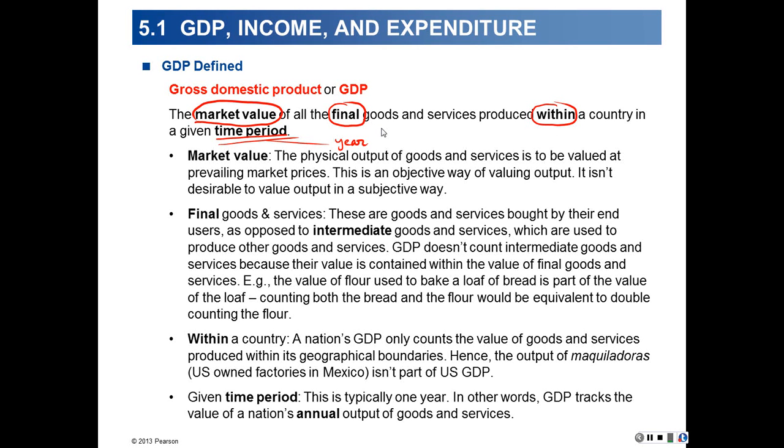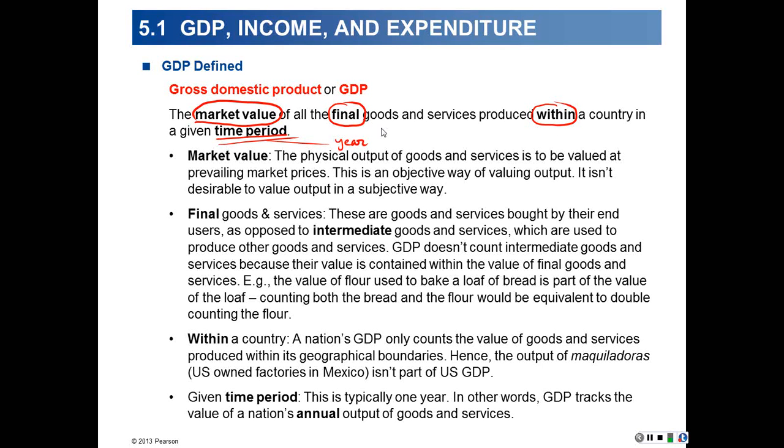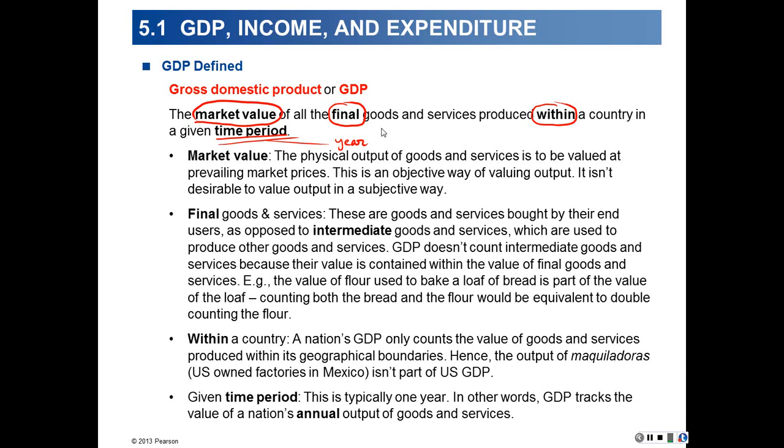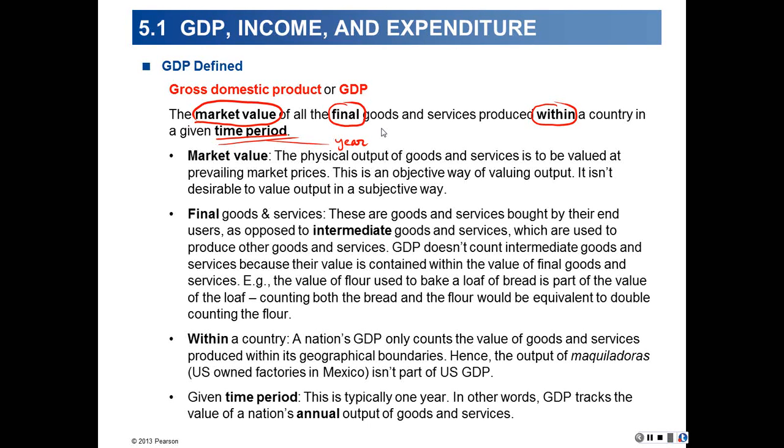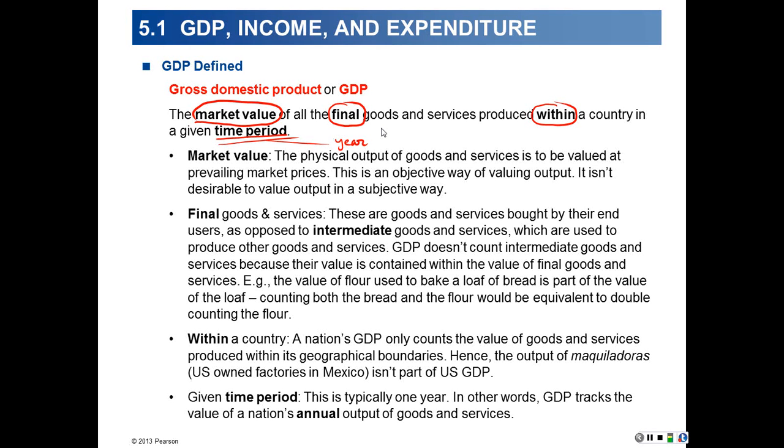Okay? First, it is the market value. Now, what is the meaning of market value? This means that we will be figuring out the value of the various goods and services produced in the economy. We're going to value these at prevailing market prices.